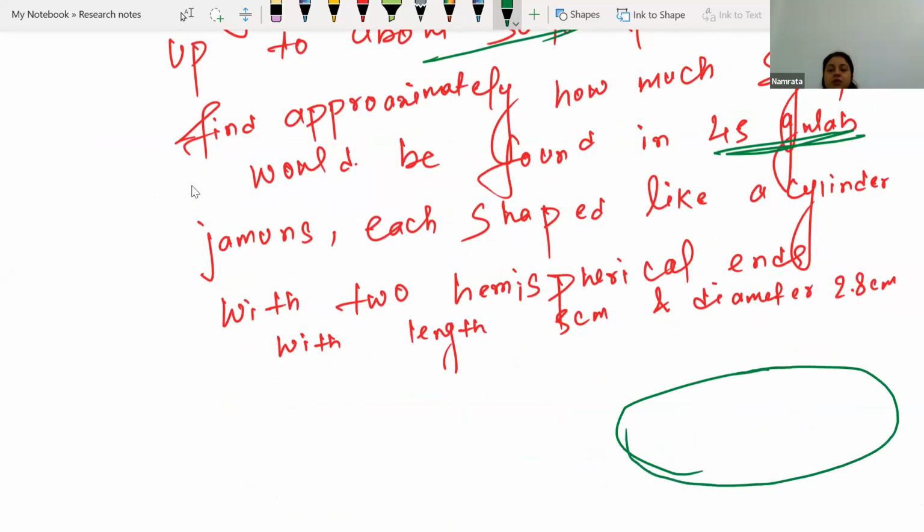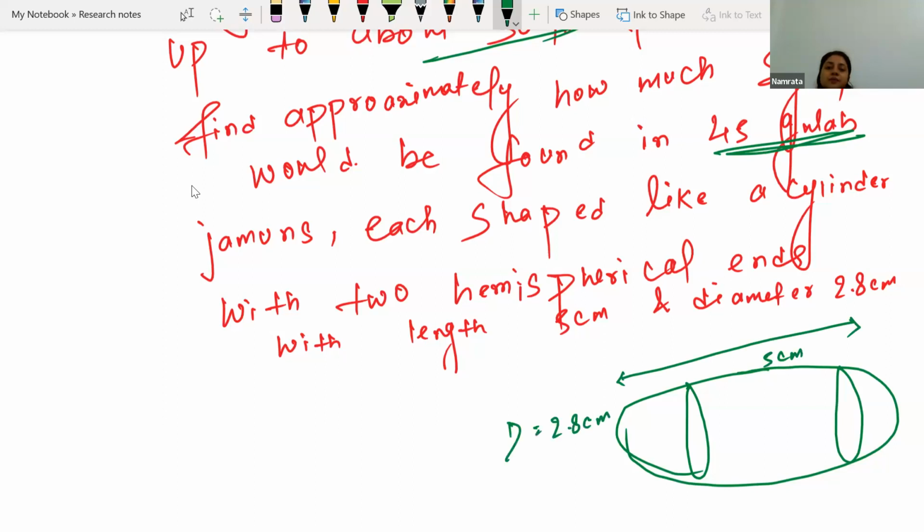This is the shape, where you can see the cylinder in the middle and two hemispheres at the ends. Do we know all the information related to this shape? The total length is given as 5 centimeter and the diameter is given as 2.8 centimeter.